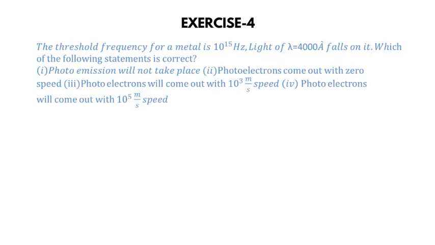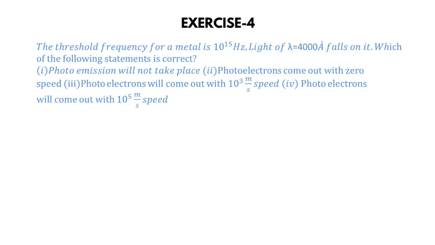In exercise 4, the threshold frequency for a material is 10 to the power 15 Hz. Light of lambda equal to 4000 angstrom falls on it. Which of the following statements is correct? Photoemission will not take place. Photoelectrons come out with zero speed.